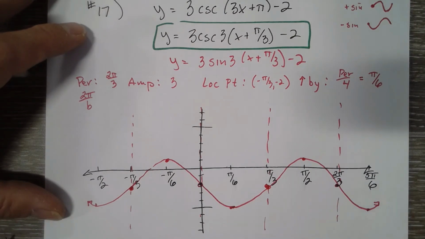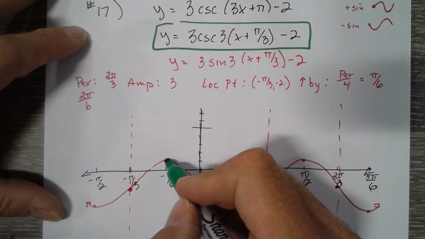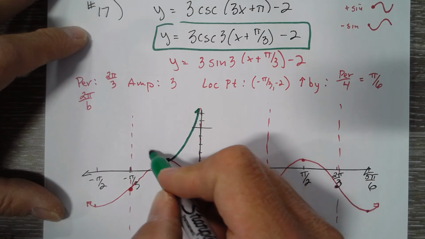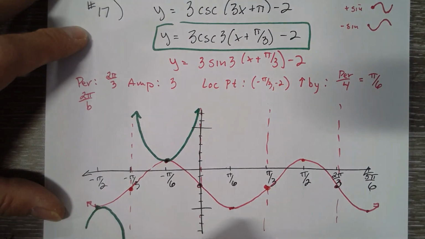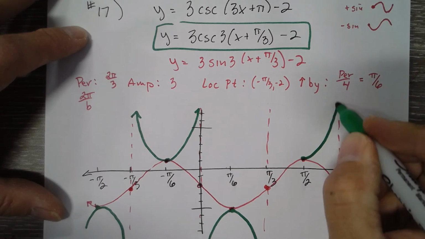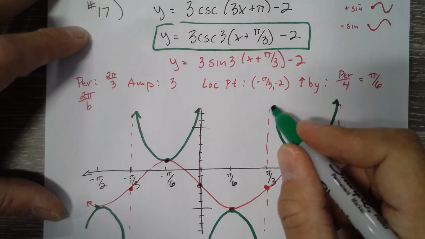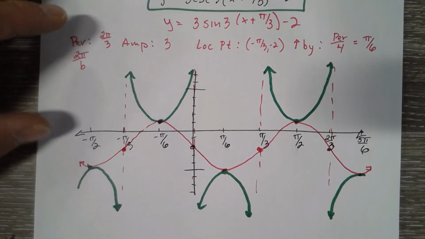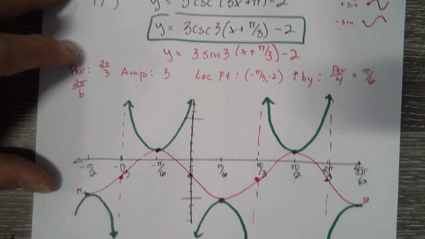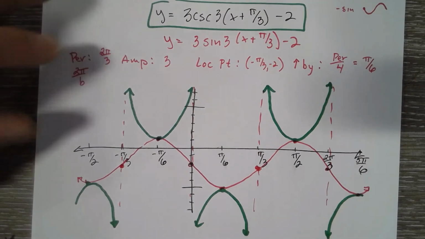And then the cosecant comes down and hits it. Okay, so the graph is our cosecant graph of all that stuff.